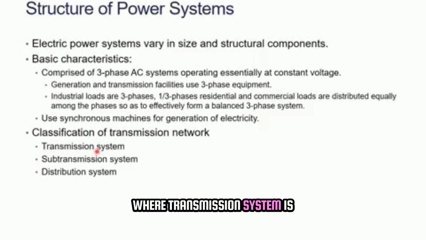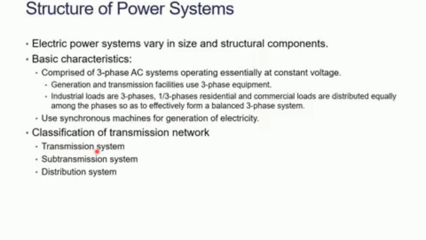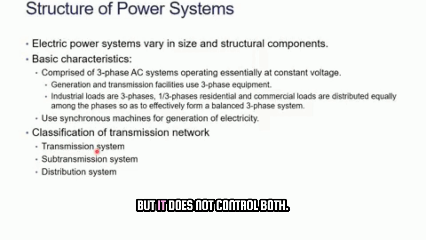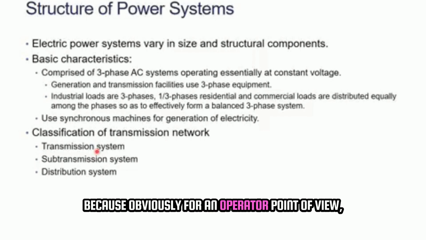where the transmission system is often the high voltage system. The distribution system is often the low voltage system, where the operator also changes, because an operator controls either transmission or distribution, but not both, since controlling a big system becomes really difficult.